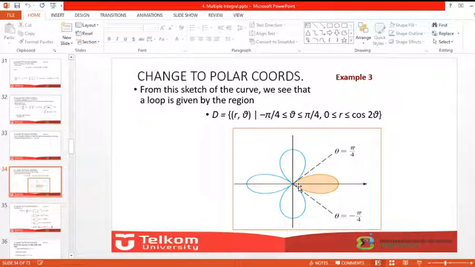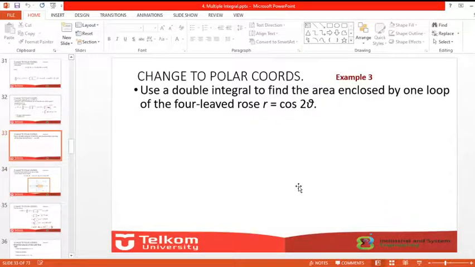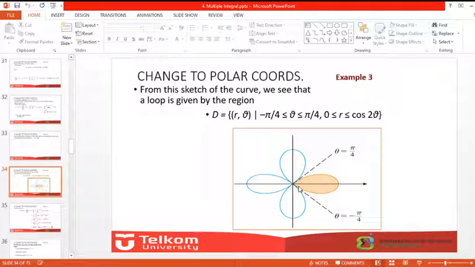Next is how to find the theta equal p over 4. Okay, p over 4 means that in this condition, since there is the four-leaf rose in here, because there are 4 leaves, from here until here is p over 4, and from here to here is p over 2.